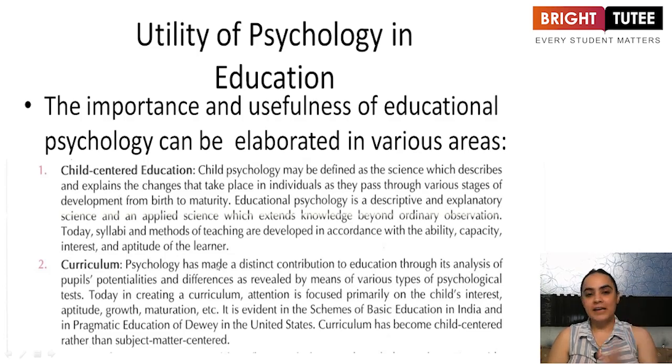We have learned that educational psychology is that branch of psychology wherein everything is learned from the perspective of a learner, a student, a child, to ensure the child is getting a good environment to study, the best material, the best teaching aids, everything is taken care of so that their development can take place in a healthy manner.